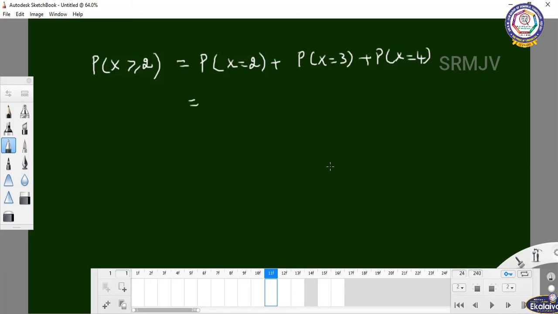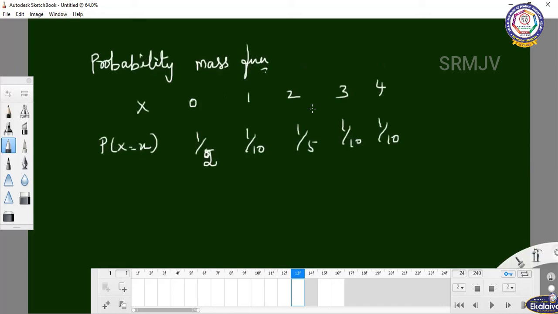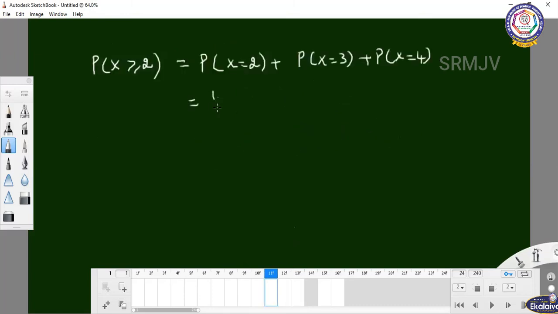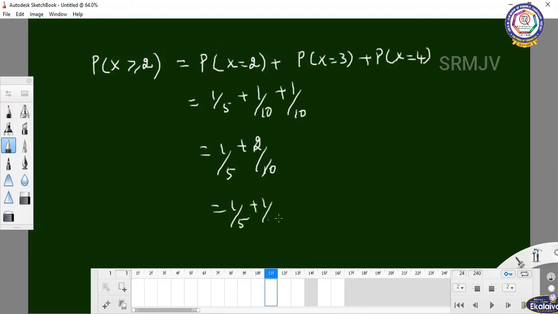See the tabular column: 1 by 5, 1 by 10, 1 by 10. So 1 by 5 plus 1 by 5 plus 2 by 10. So the value is 2 by 5. P of x greater than or equal to 2 is 2 by 5.